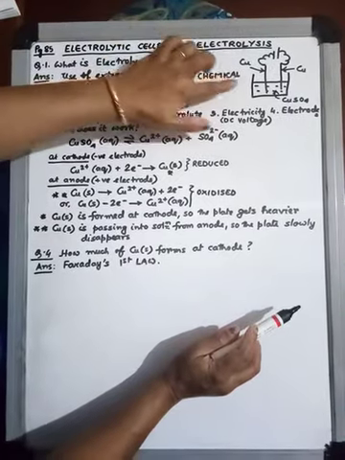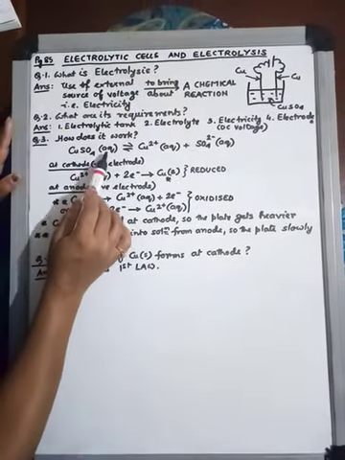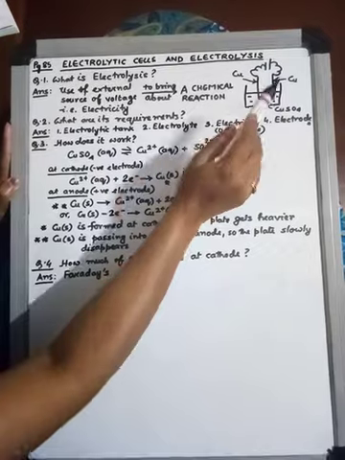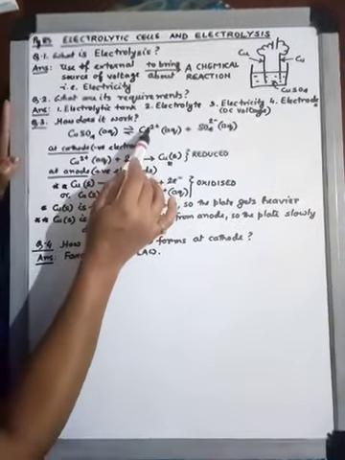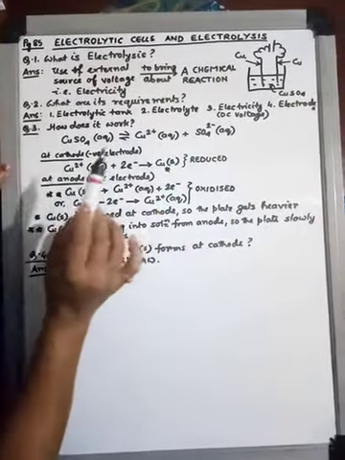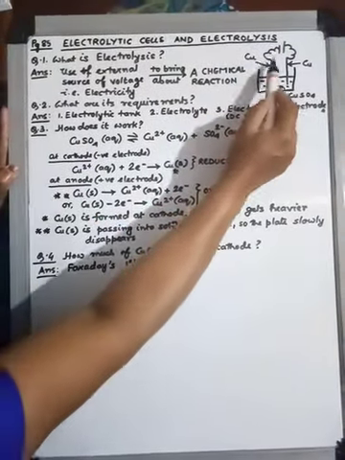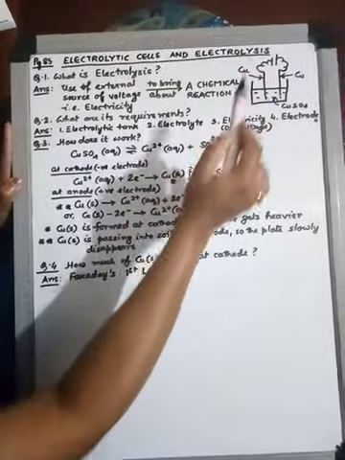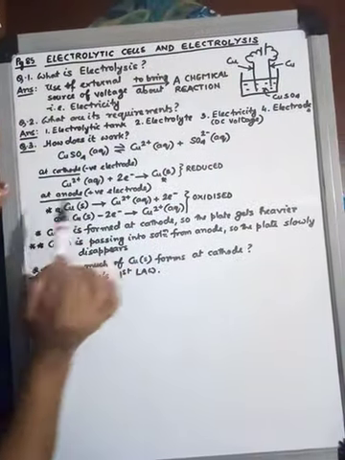So how does it work? Suppose we have taken this example, copper sulfate aqueous. As soon as we put it in water, it will dissociate to give you Cu2+ ions and SO4 2- ions. So what then happens at these two electrodes as soon as you put on your DC voltage or electricity?